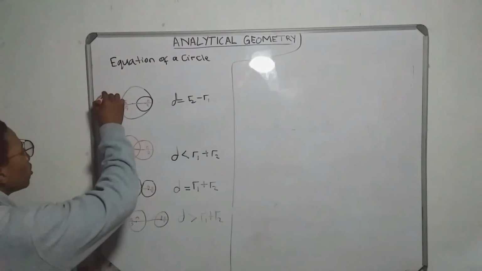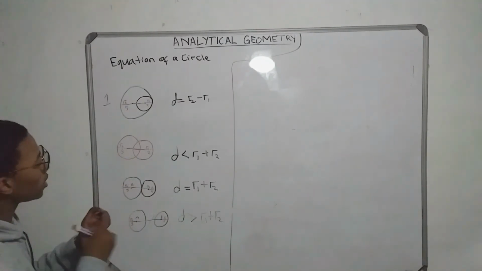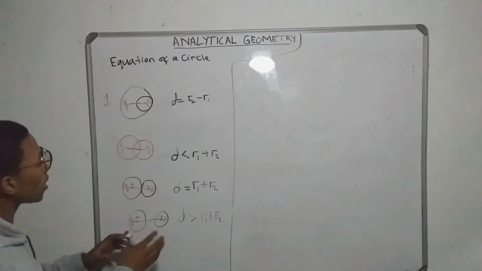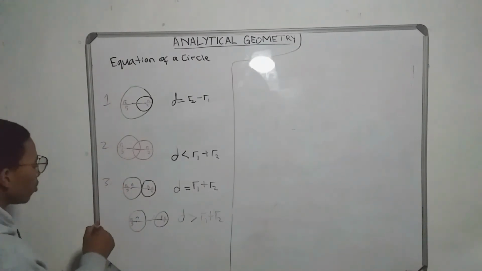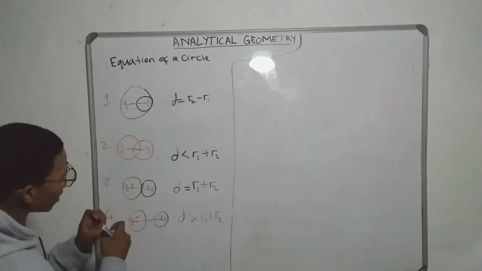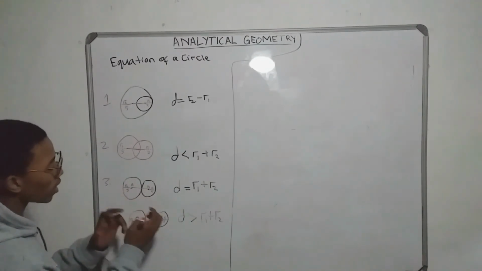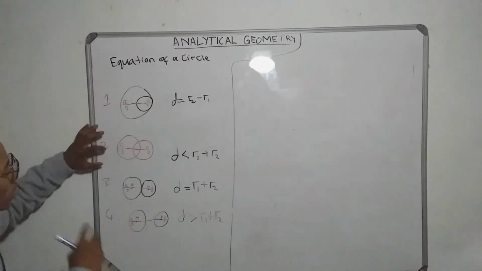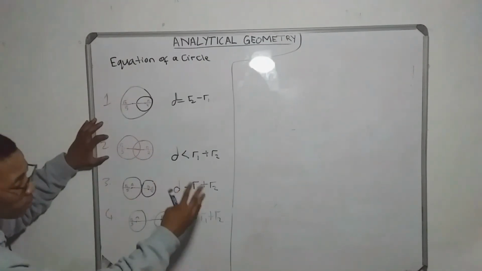That is your circle number 1. Circle number 2: when your circles are intersecting at 2 points, the distance between their centers is less than the sum of their radii. When we get to circles number 3, when the circles are touching externally at one point, the distance between their centers is equal to the sum of their radii. Check the difference here. When they are intersecting, the distance between their centers is less than the sum of the radii.